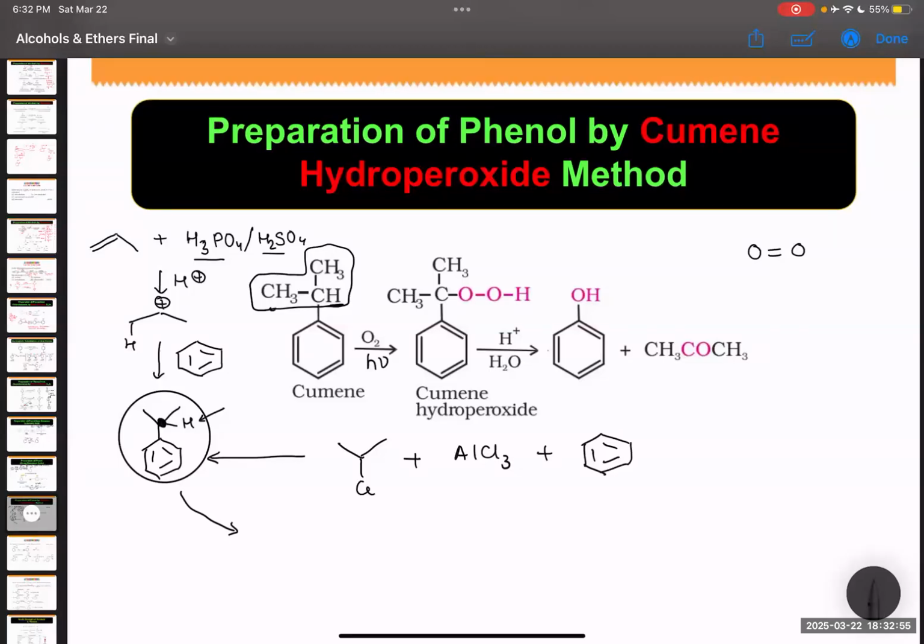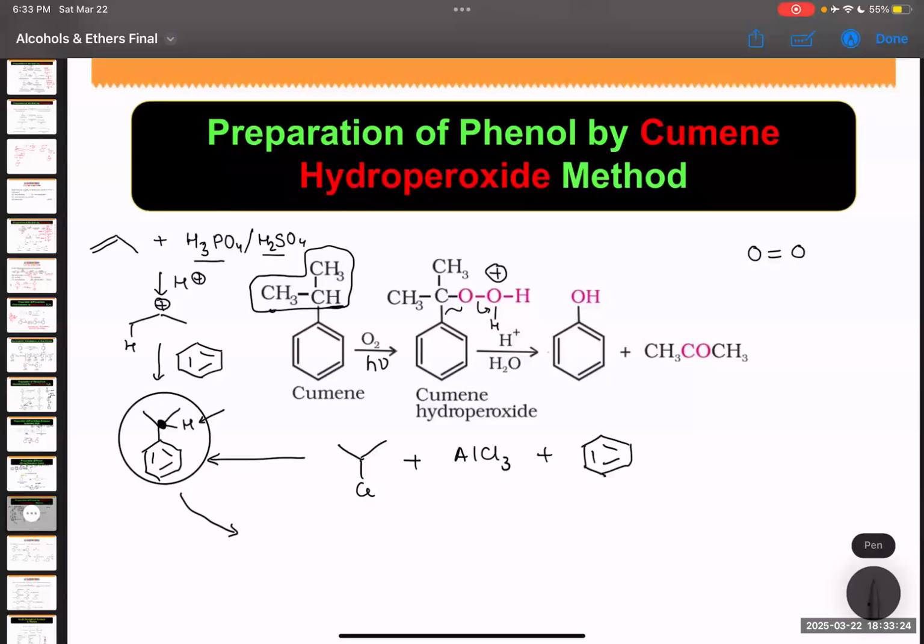H2SO4, you heat it. So with H2SO4, what happens is this gets protonated, and the OH gets protonated and it comes out as water. You have positive charge being generated on oxygen, and there is a migration of phenyl, because it is just like a carbocation.